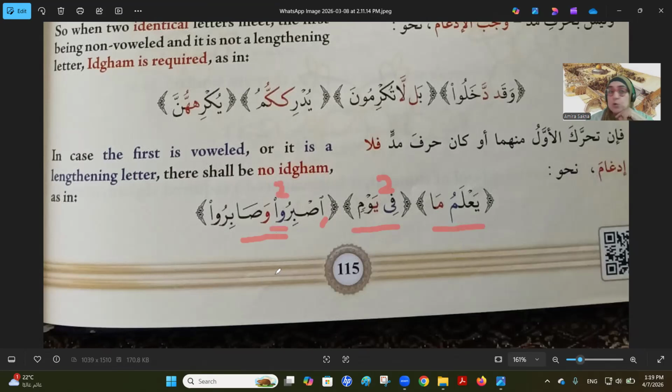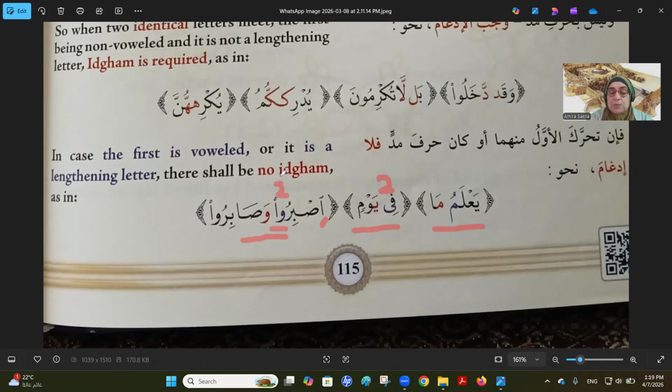No merging. Kindly take care. During your recitation, unfortunately, a lot of people drop the natural mad. Why? Take care, you are applying merging, and by the way, this will change the meaning.